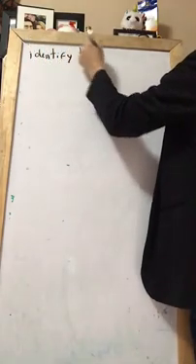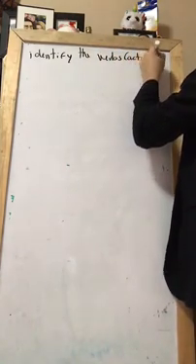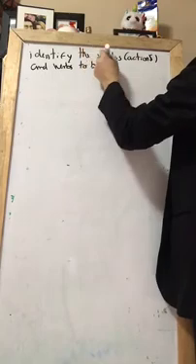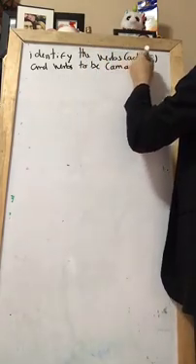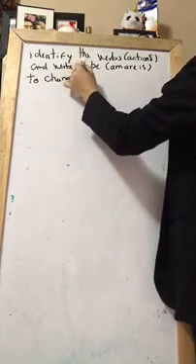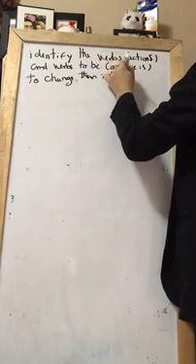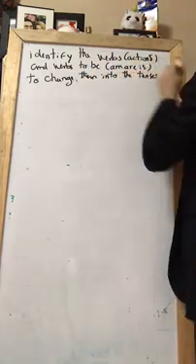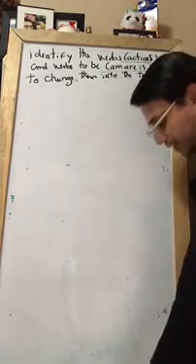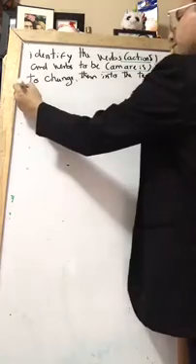Identify the verbs or actions and verbs to be, are, is, to change them into the tenses. So those are the things that you have to identify and make sure that you can change them into the tense that I'm asking. Okay, next one, number 3.